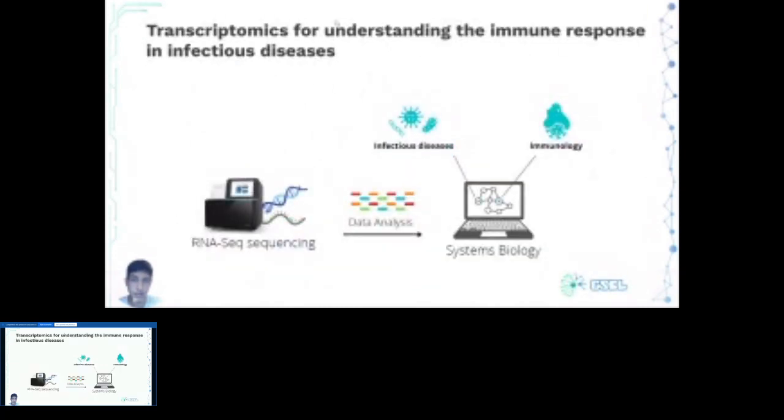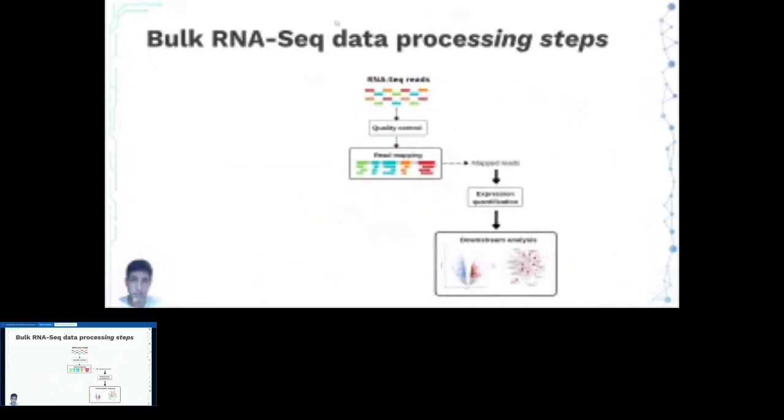And nowadays, RNA-seq has become one of the main tools applied by researchers for understanding the immune response in infectious diseases. Sepsis is a good example of these applications. Regarding RNA-seq data analysis, most human transcriptomic studies evaluate gene expression mainly from the human host.